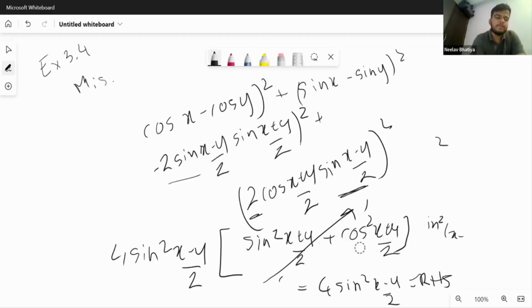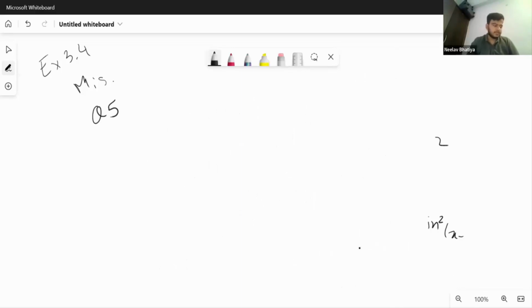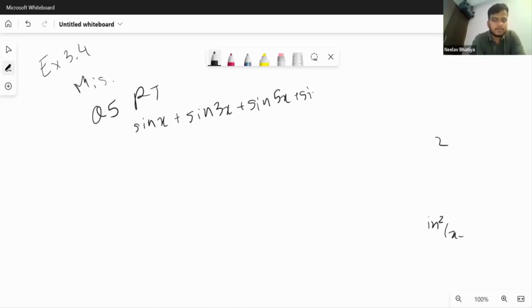Moving on. Now, this is something different, and it's going to be interesting. Let's see how we get here. We have to prove that sin x plus sin 3x plus sin 5x plus sin 7x equals 4 times cos x cos 2x sin 4x.